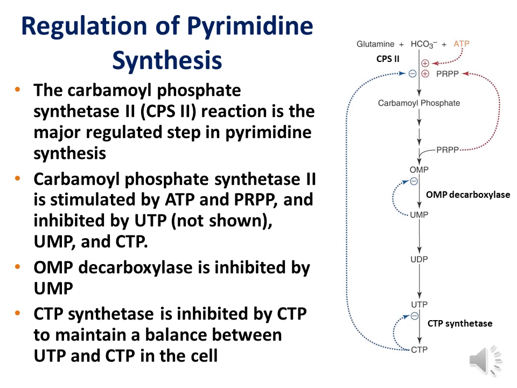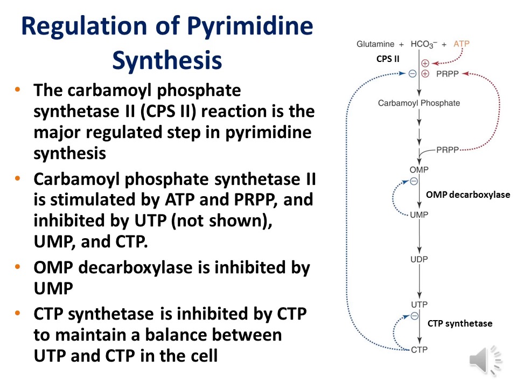This slide shows the regulation of pyrimidine synthesis. As I've previously mentioned, the carbamoyl phosphate synthetase 2 reaction is the major regulated step in pyrimidine synthesis. This synthetase is stimulated by ATP and PRPP and inhibited by UTP, UMP, and CTP.